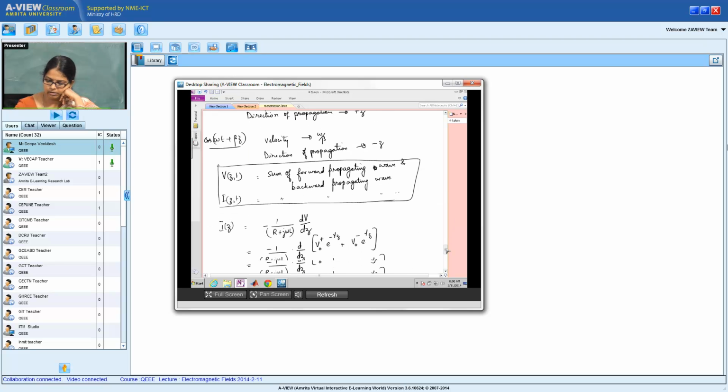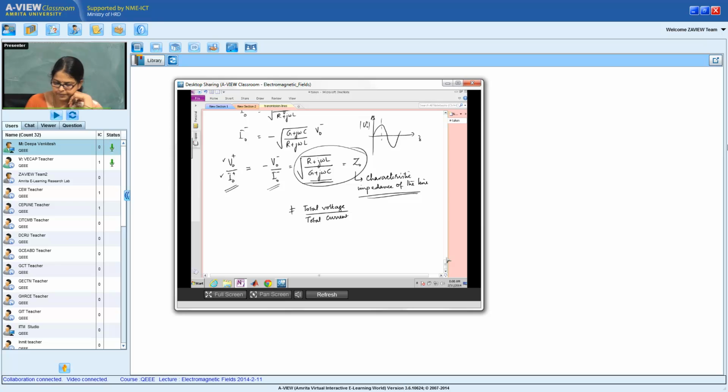So here is where we are right now. If I have a transmission line, at any point Z on the line, what I know now is that if I try to measure the voltage, I see that this is the sum of a forward propagating wave and a reverse propagating wave.